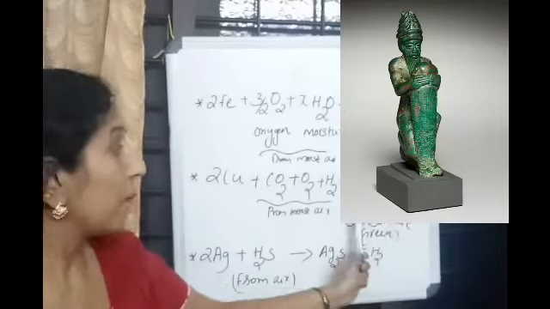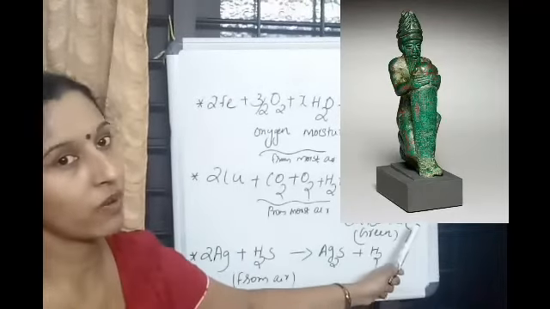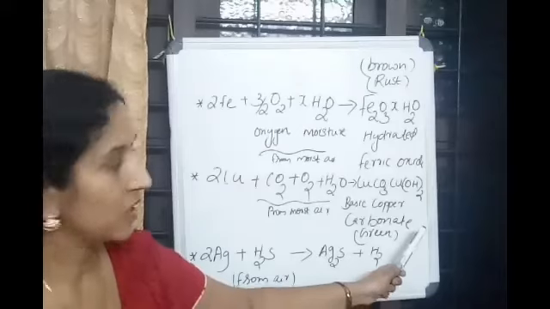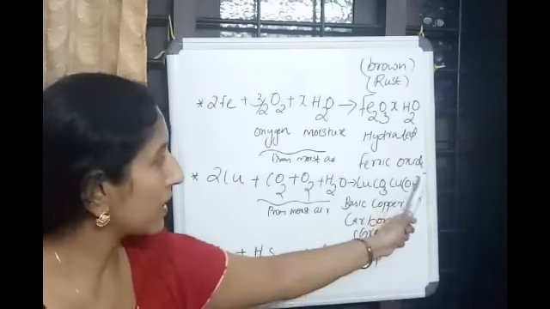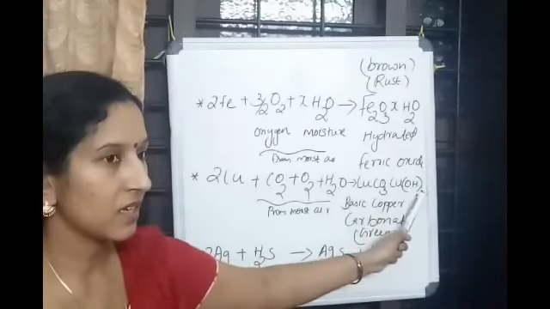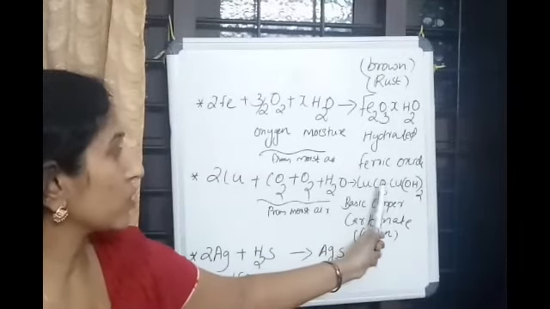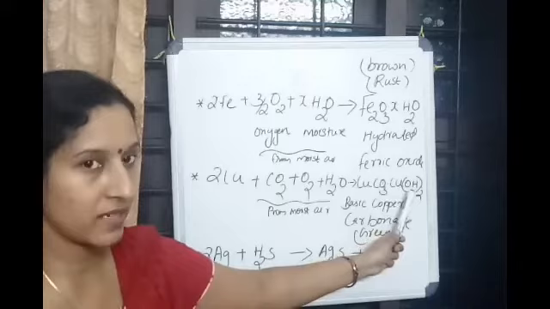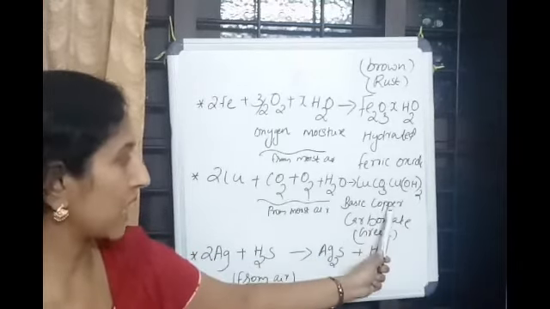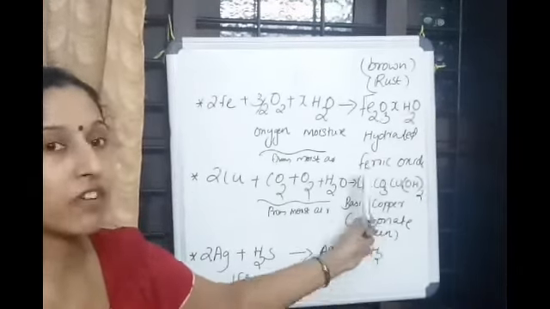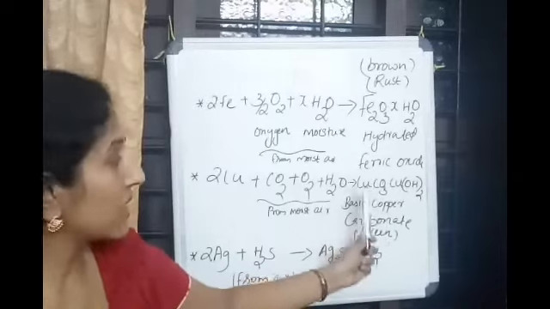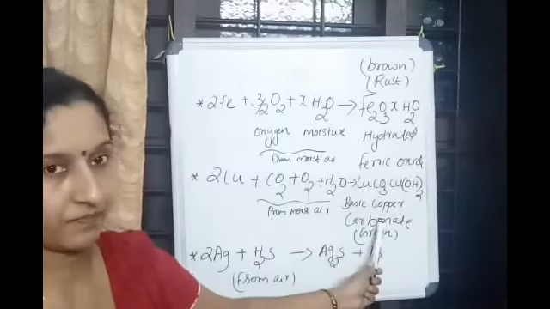You have to write basic copper carbonate, otherwise you will not get the mark. So this part decides it's a base. So what is the formula for basic copper carbonate? CuCO3.Cu(OH)2. So it is green in color.